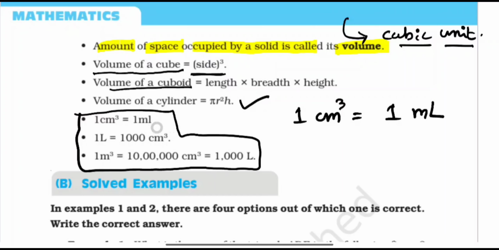Liter has the unit ml, written like this. And 1 liter is equal to 1000 centimeter cube.